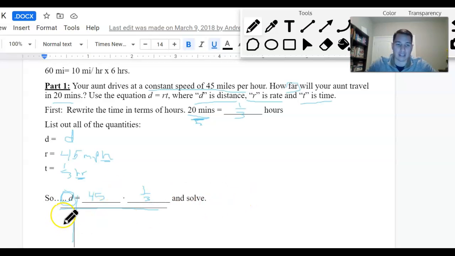So to solve for this, we know D equals 45 times 1/3. 45 over 1 times 1 over 3. 45 over 3. I can simplify that. I can divide a 3 out over 3 and get 15 over 1. So the distance equals 15 miles.